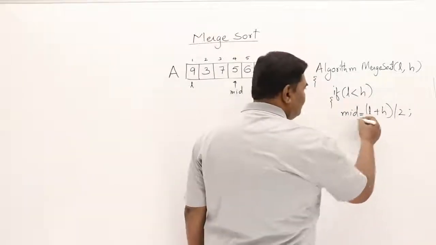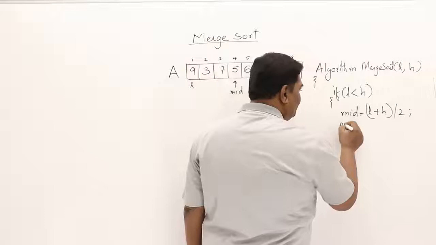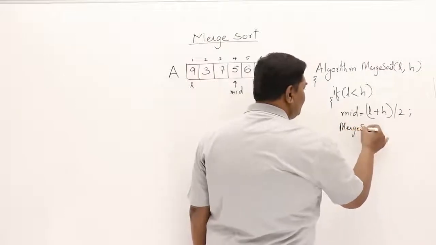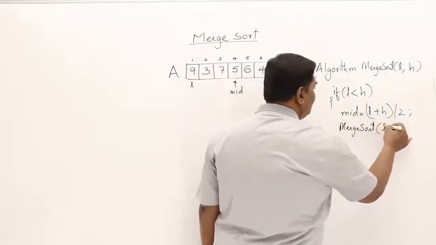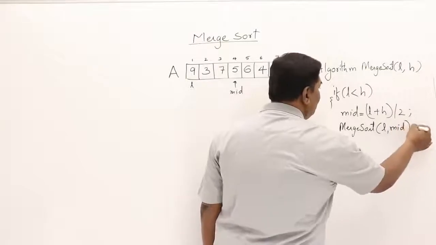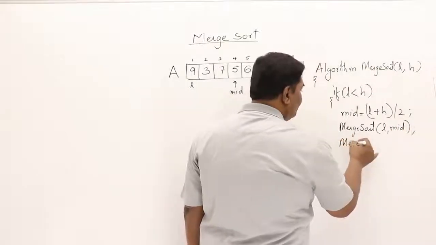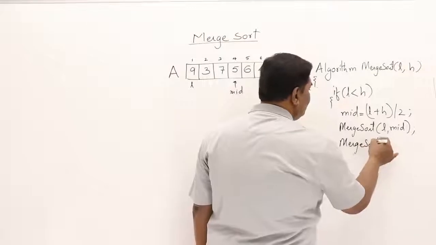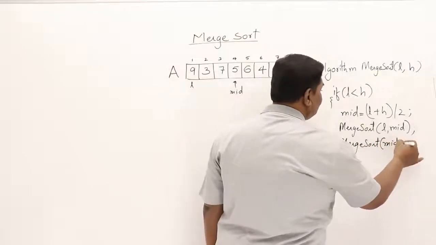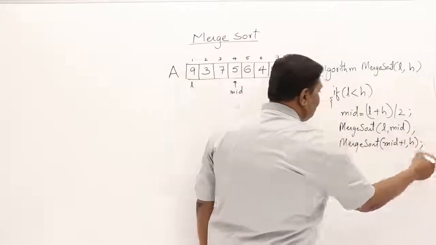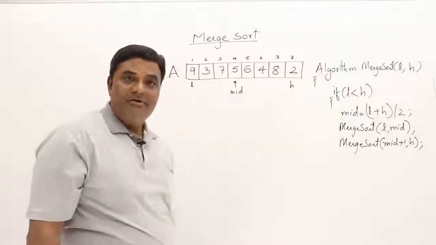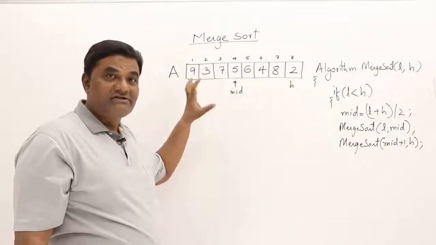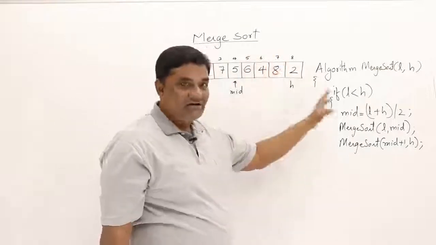So find out mid, and perform merge sort from low to mid. And also perform merge sort from mid plus 1 to high. So by performing merge sort on the left hand side, we will sort this one and we sort the right hand side.